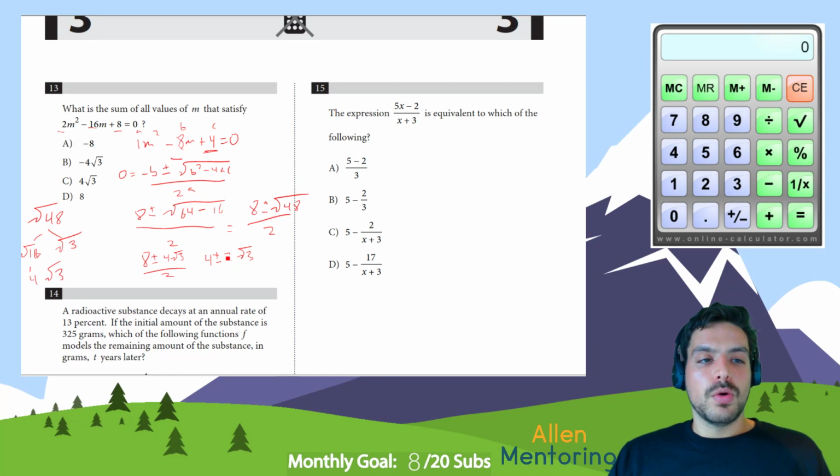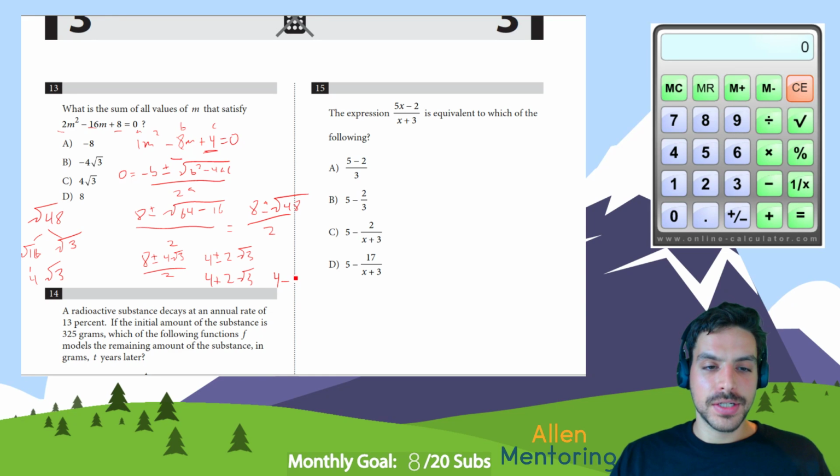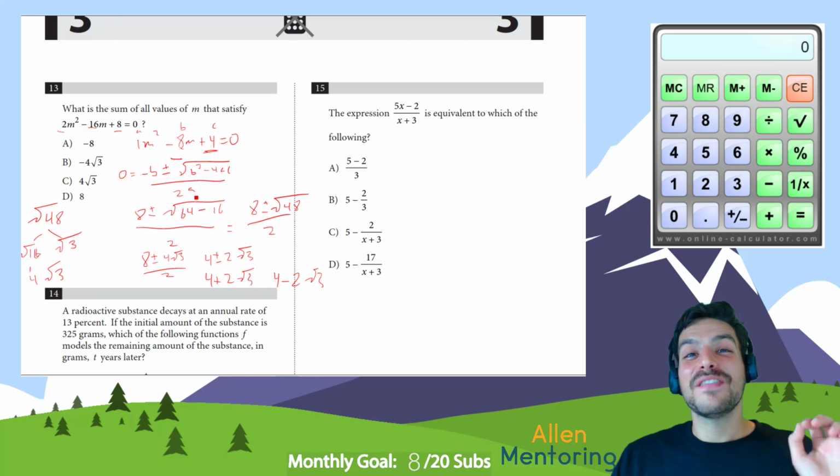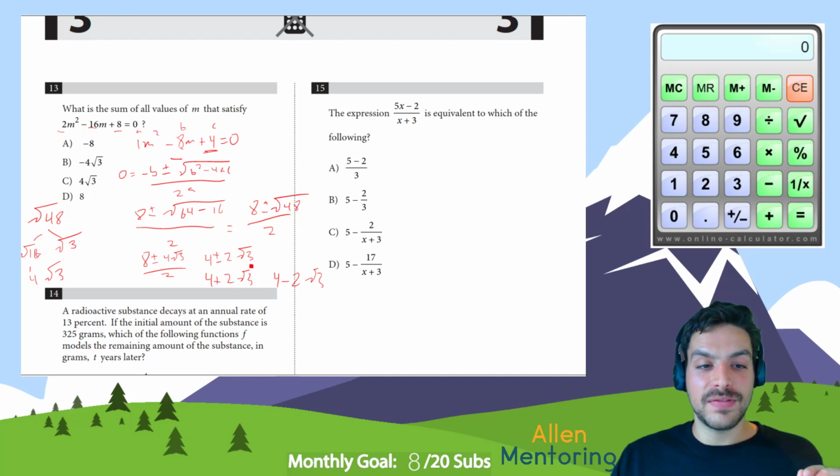All right, so what are we trying to understand? We know that m equals 4 plus 2 root 3, and it's equal to 4 minus 2 root 3. Both of those solutions are correct. Our job is to find out the sum of both of these values.